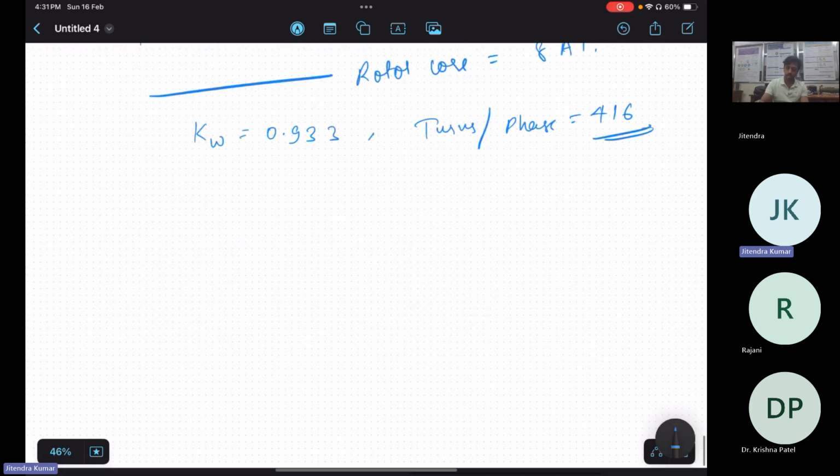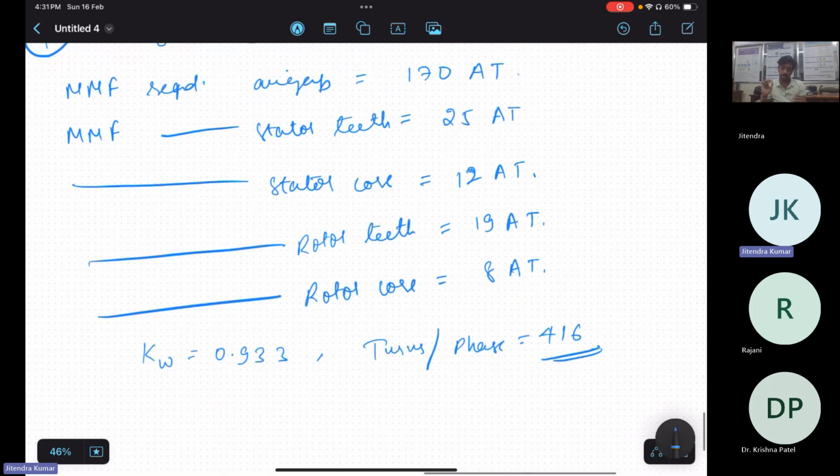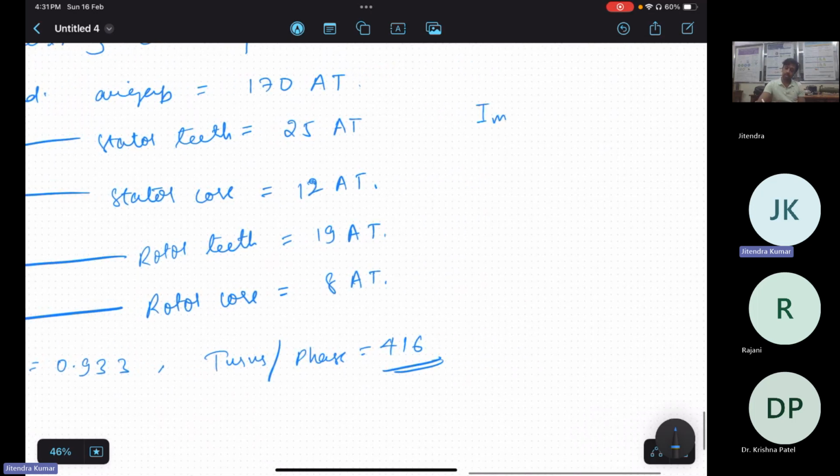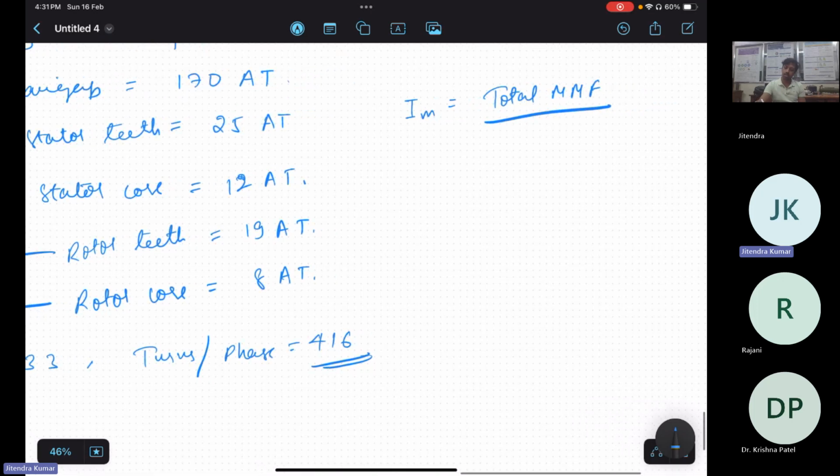Okay, so I hope you have noted the data, right? Magnetizing current is nothing but total MMF divided by number of turns.